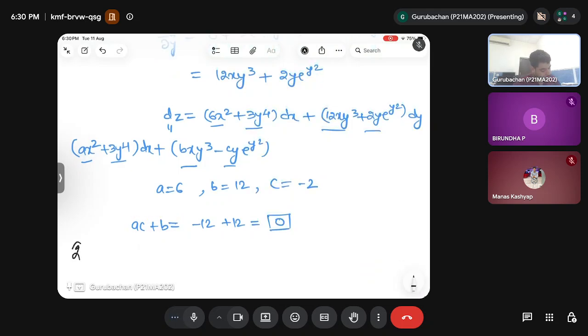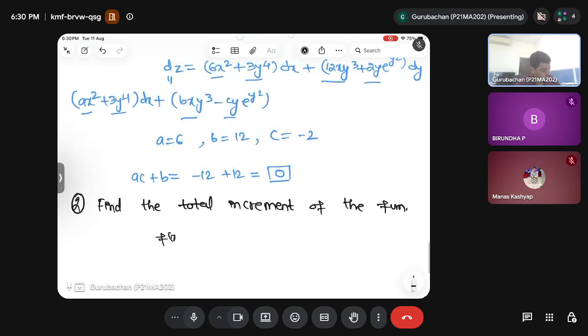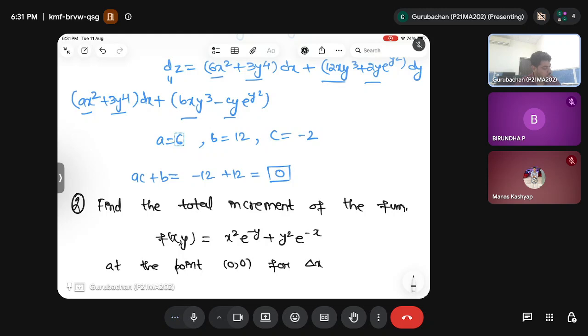So next is, find the total increment of the function f(x, y) equal to x square e to the power minus y plus y square e to the power minus x at the point (0, 0) for delta x equal to delta y equal to 0.1.